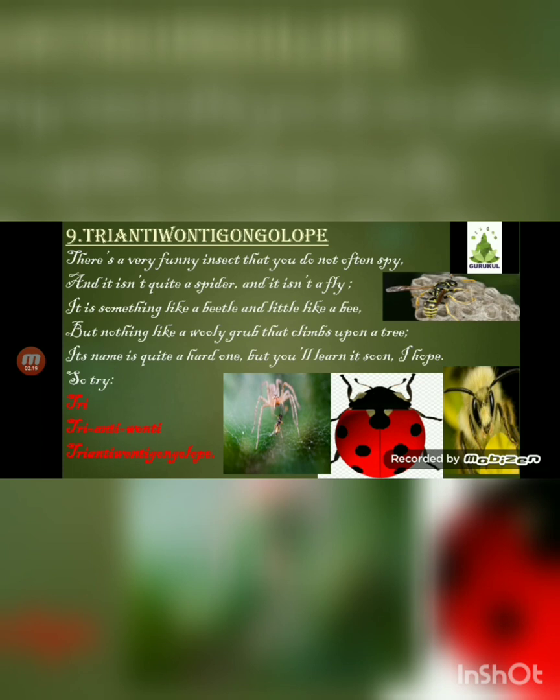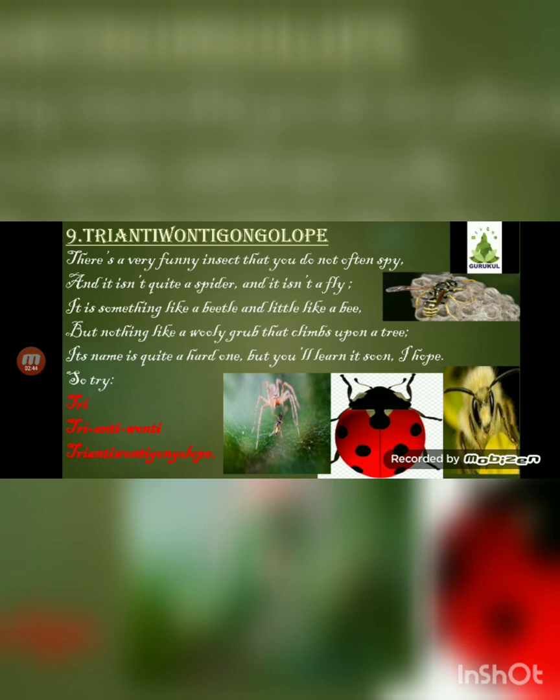Here, children, in this stanza, the poet says that there's a funny insect which you often spy. Now, spy here means to see. Here the poet is comparing this insect with certain other insects which we know. How does it look? It does not look like a spider nor like a fly.